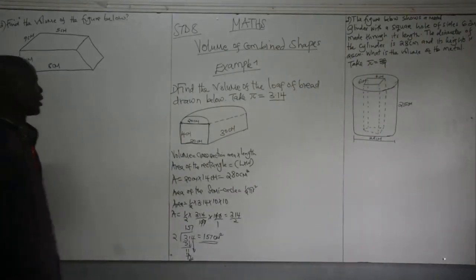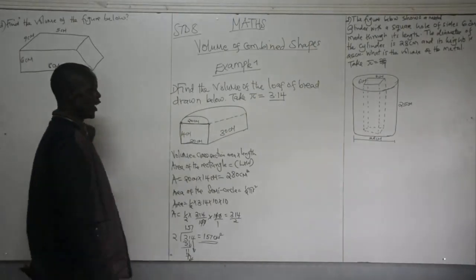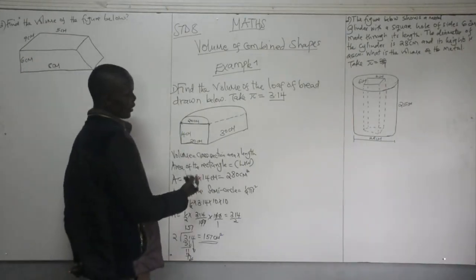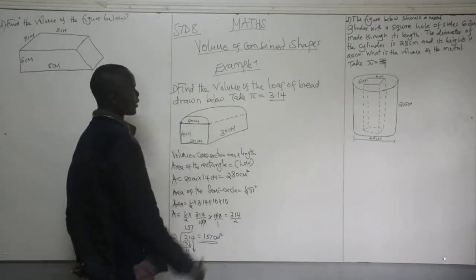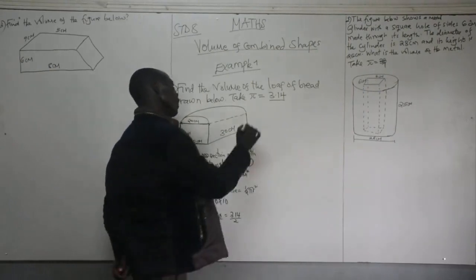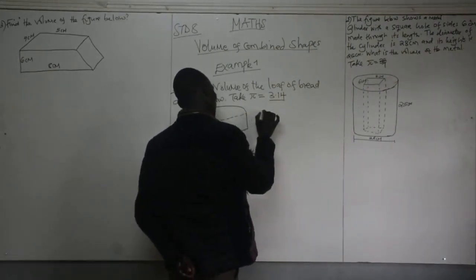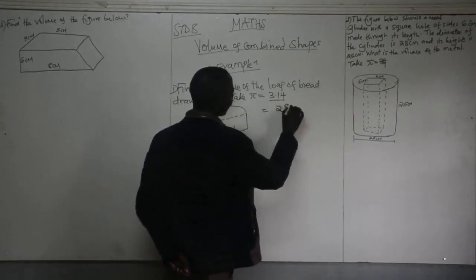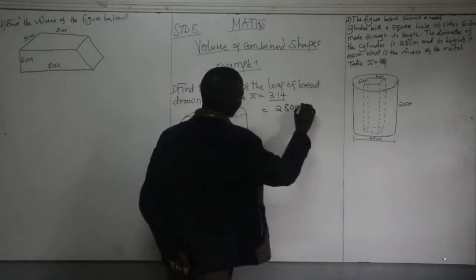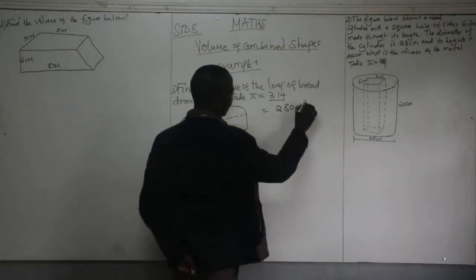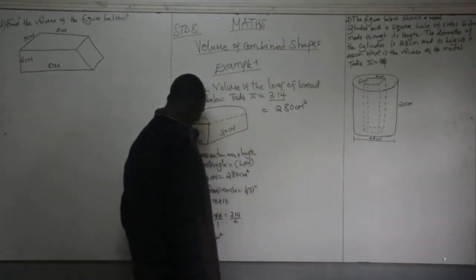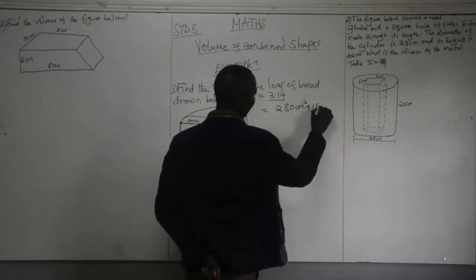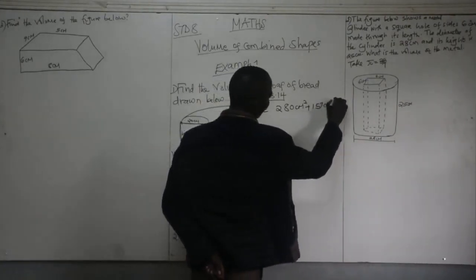Now let's look at this. We say that the volume is equal to the cross-section area times the length. And the cross-section area in this case is the area of the rectangle plus the area of the semicircle. So the area of the rectangle was 280 square centimeters plus the area of the semicircle, that is 157 square centimeters.